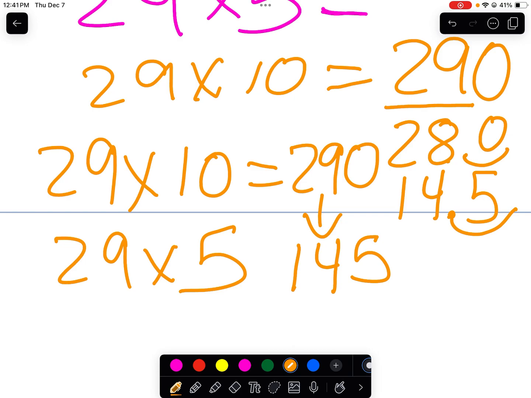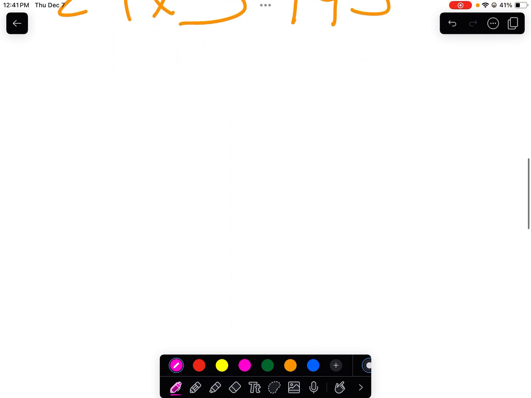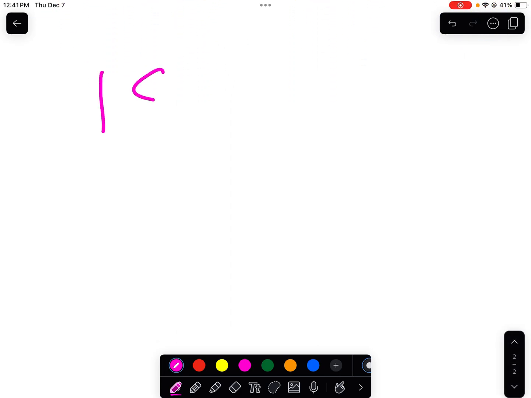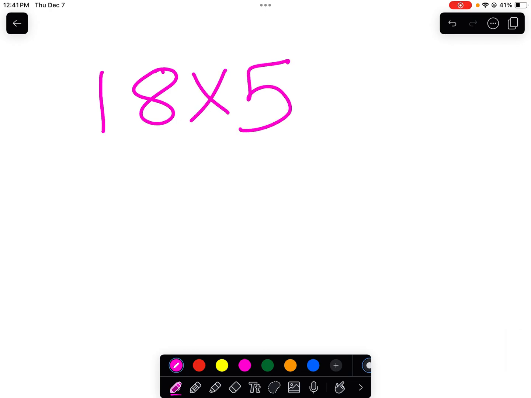And like I said, I went through that pretty quickly, and that's just one strategy. I'll show you the one that I prefer a little bit more. Let's take the number 18 again and multiply it by 5. We already did that, but we'll do it again. Here's another strategy. You take the number that's being multiplied by 5.